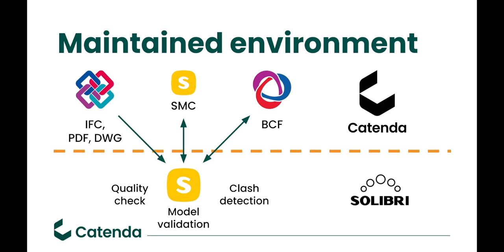And then finally, we will be able to take the result of the quality control that we're doing in Solibri and collaborate with that. We can communicate about the different things that we are working with and talking about them together with other people that are off on their side of the construction project.